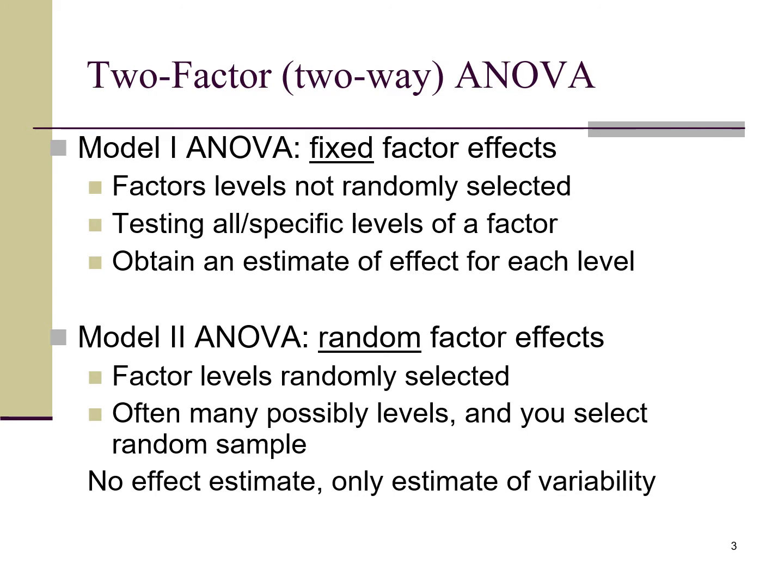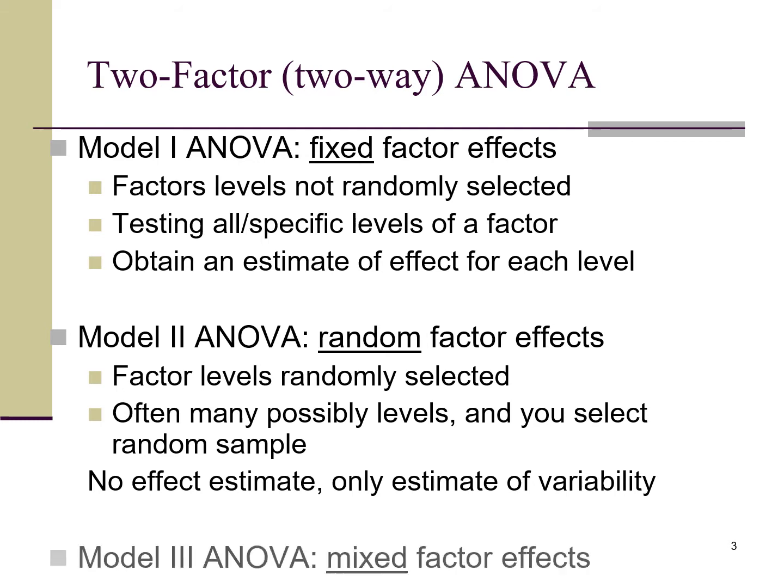You often have many possible levels, and you select a random sample of those levels. So this does not give you an effect estimate, only an estimation of the variability explained by that particular factor. A Model 3 ANOVA is mixed factor effects, and we're going to leave that aside for now.